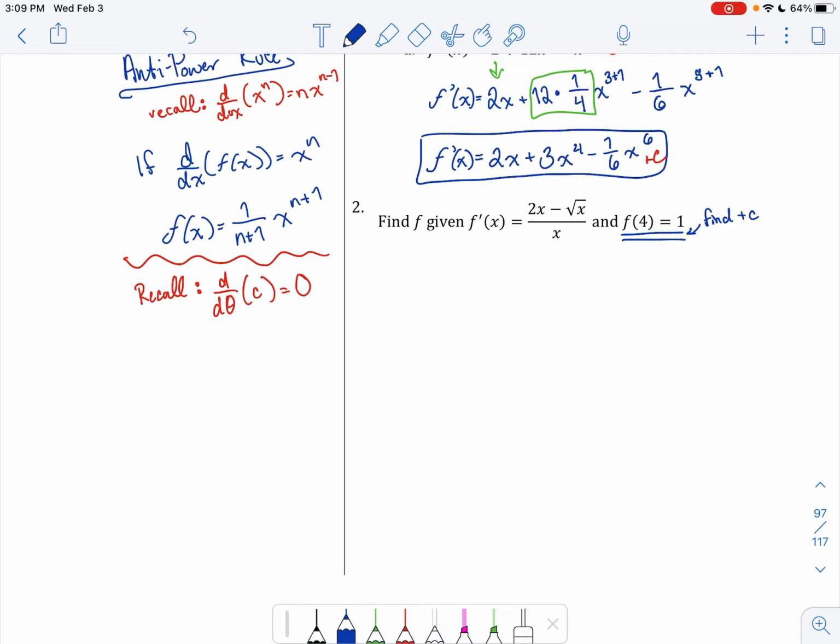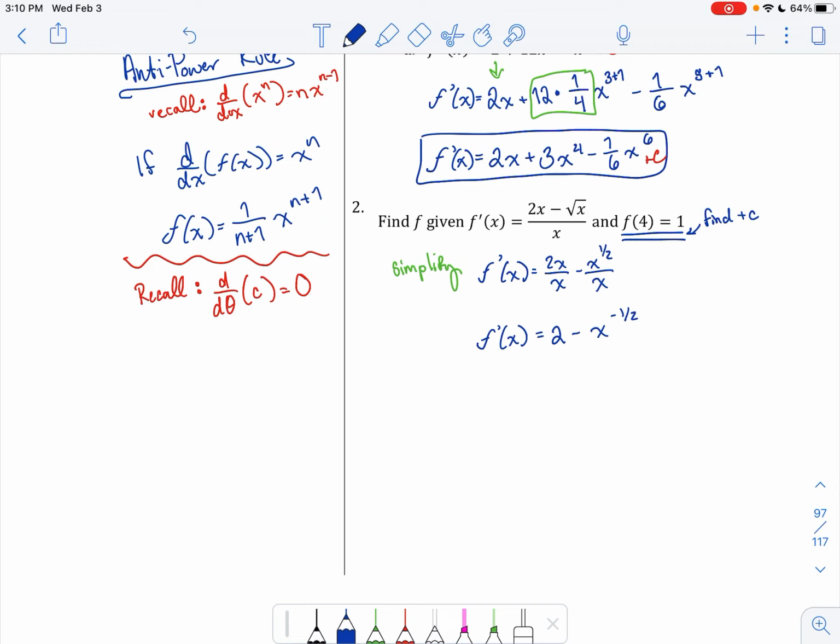So here it says find f given f prime is equal to 2 minus root x over x. So in this case, the first thing I'm going to do, just like I would for derivatives, is simplify it into powers. So f prime of x is equal to 2x over x minus x to the 1/2 over x, which I can simplify as f prime is equal to 2 minus x to the negative 1/2.